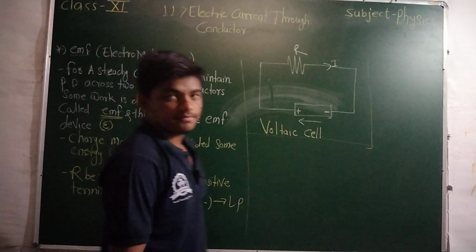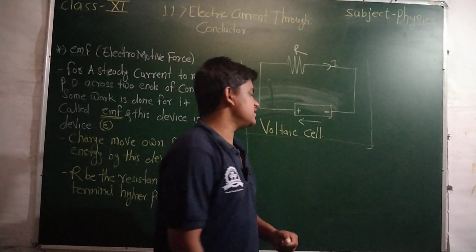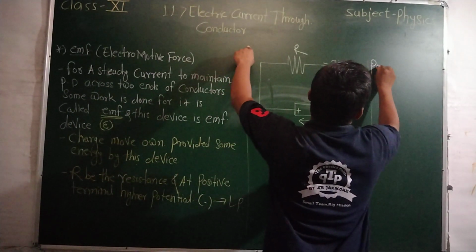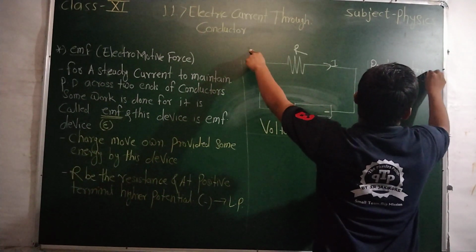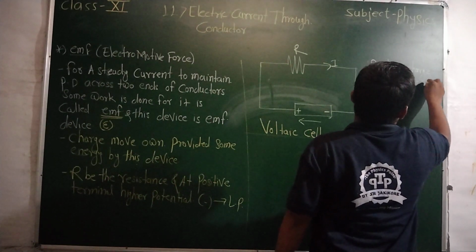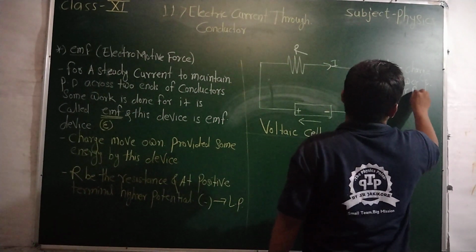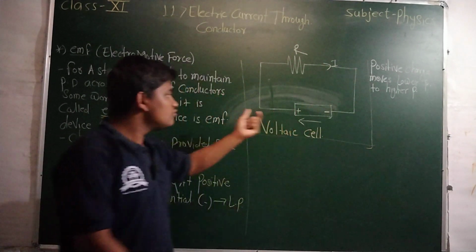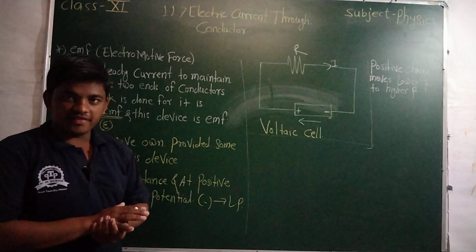Let's start. A positive charge moves from lower potential to higher potential. The positive charge moves towards the positive terminal inside the EMF device.